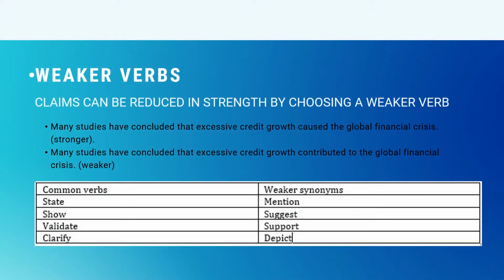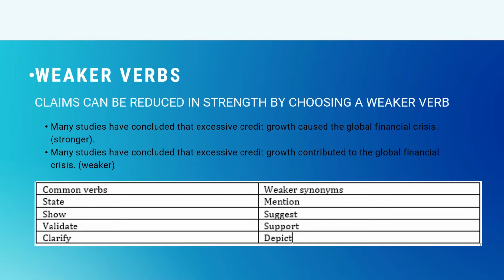Weaker verbs. Claims can be reduced in strength by choosing a weaker verb. For example, many studies have concluded that excessive credit growth caused the global financial crisis. It has a stronger verb. But many studies have concluded that excessive credit growth contributed to the global financial crisis has a weaker verb.